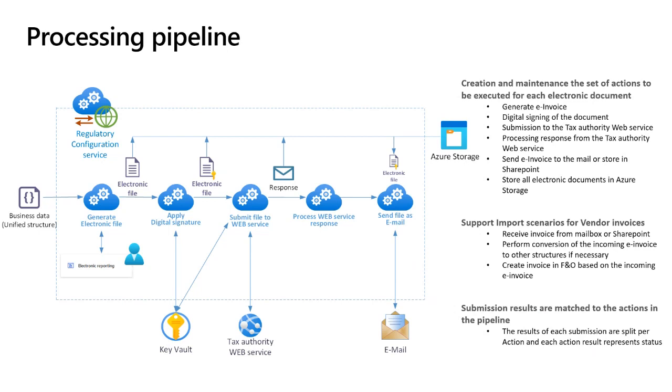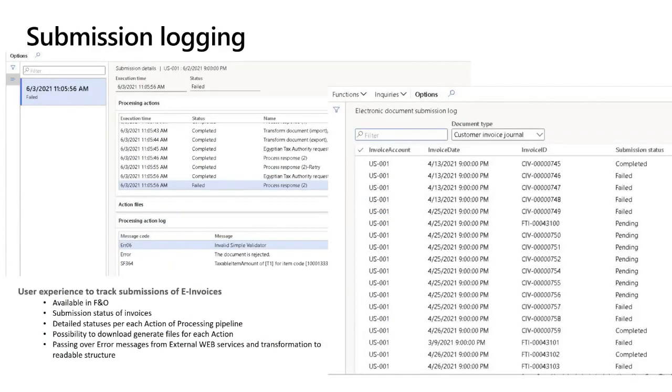The next thing is how submission logging works in F&O. On the next slide there are a few screenshots, but we will see that in F&O as well during our demo. There is quite a rich set of information that you can get from your submission process.